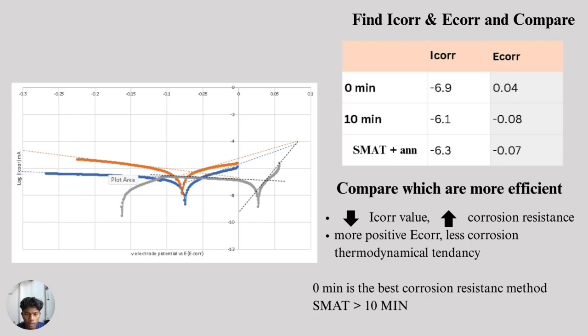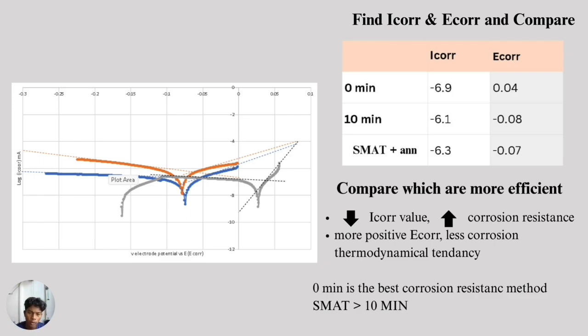And for the 10-minute, Icorr value is negative 6.1 and Ecorr value is negative 0.08. And lastly is smart. Icorr value is negative 6.3 and Ecorr value is negative 0.07.